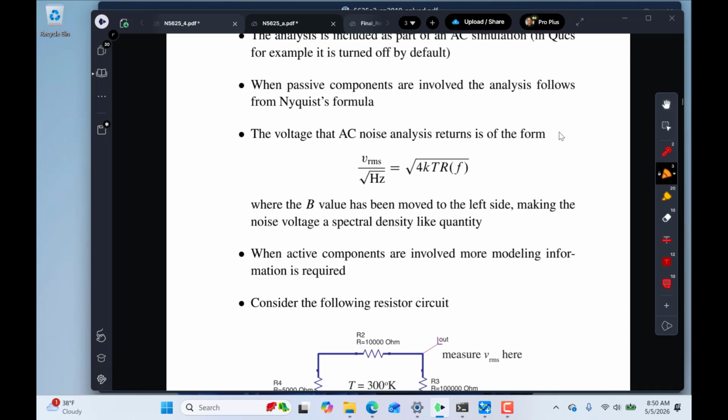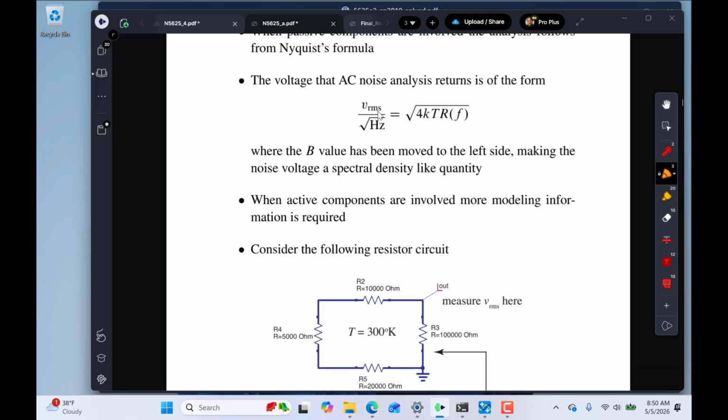So when you use a circuit simulator, SPICE-like simulator, it will allow you to look at node voltages and branch currents just like you do with any AC circuit analysis. Now you're just in AC noise analysis mode when you're doing that in your SPICE simulator.